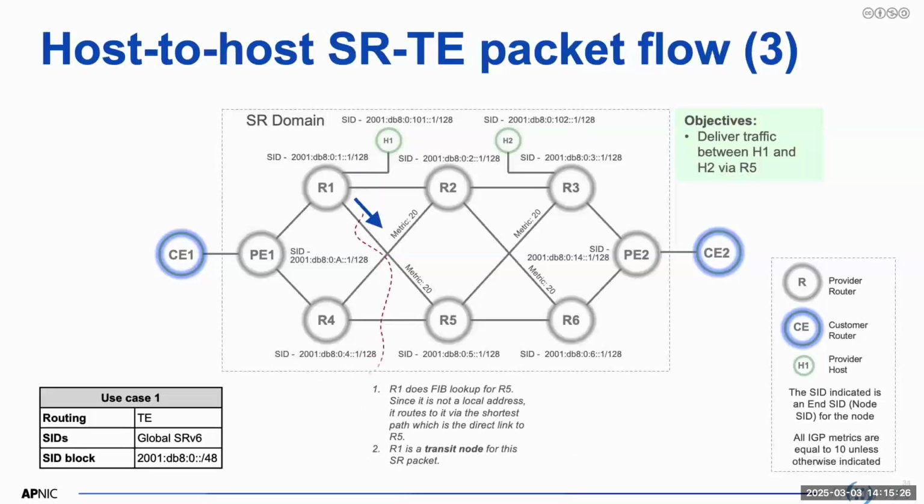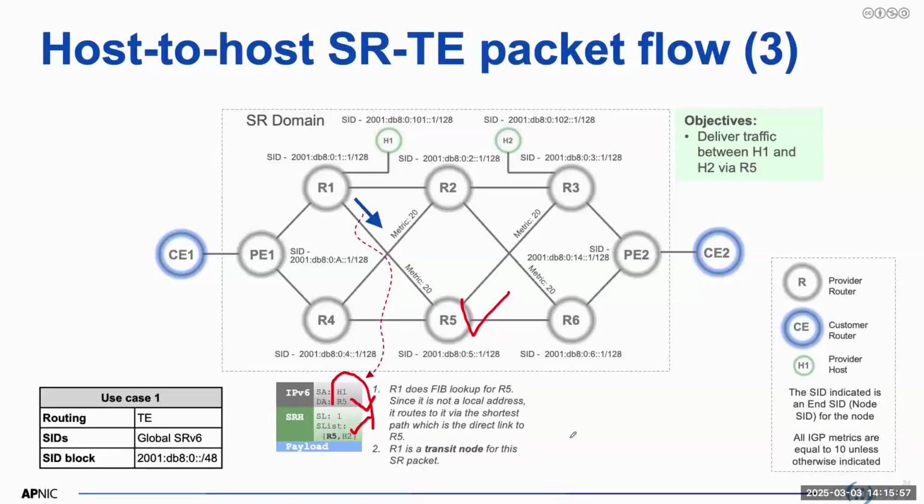The packet goes to R5, and now the destination address is the same as the R5 address, so it needs to process the segment routing header. It will decrement the segment left, SL, by 1, so SL will become 0. It will go to the 0 position. At the 0 position, it has H2, so it will move H2 into the destination address field.